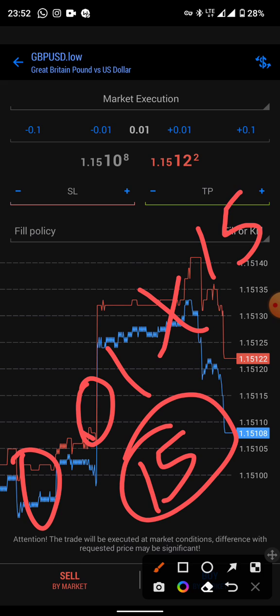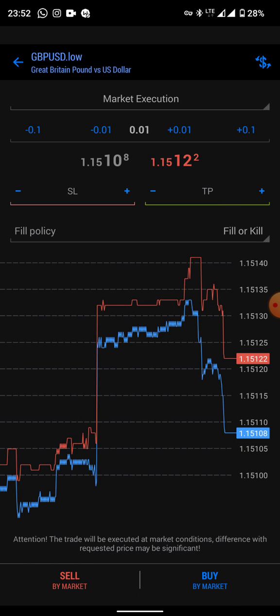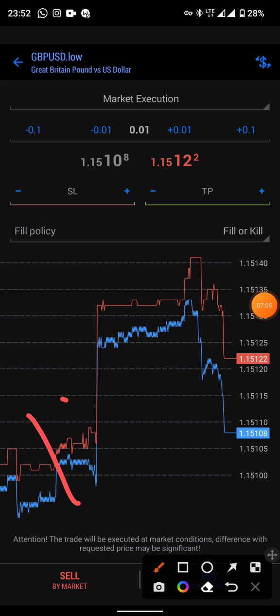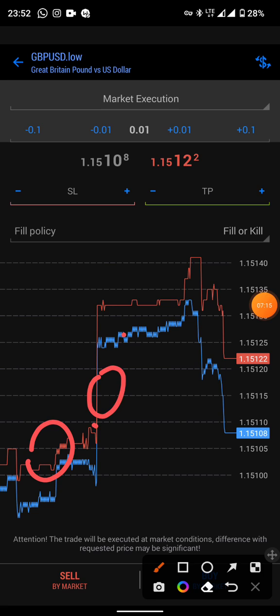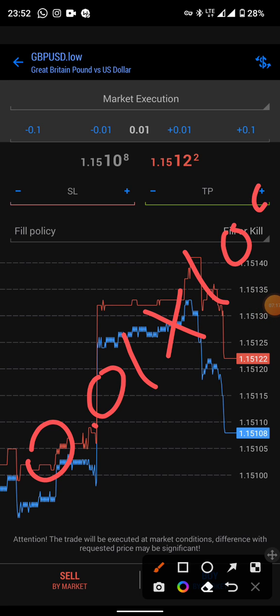Now if I'm operating on a leverage of 1:100, that means I'm going to be risking 0.01 multiplied by 100, which is about $1.